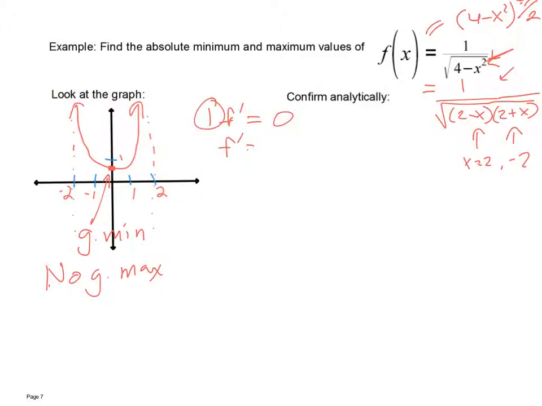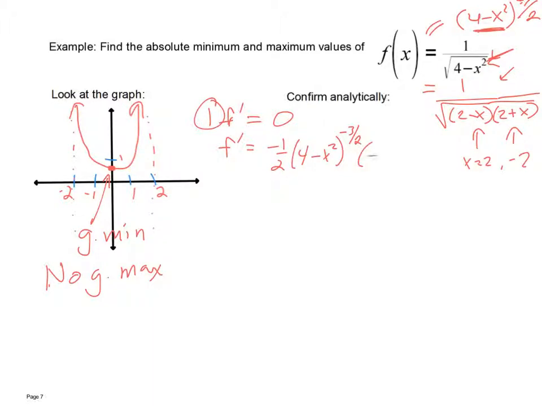So f prime equals, bring down the negative 1/2, leave everything else alone, except subtract 1 off of the exponent. Negative 1/2 minus 1 is negative 3/2. All right, now I have to go inside and take the derivative.